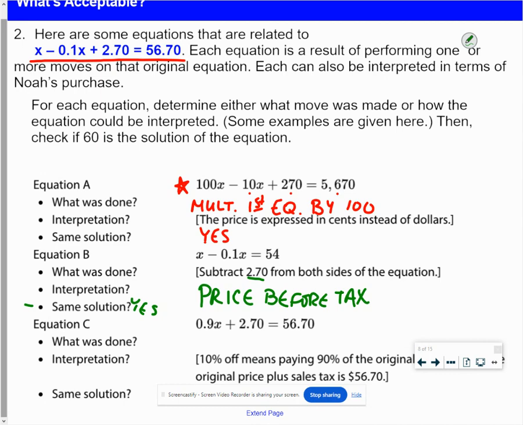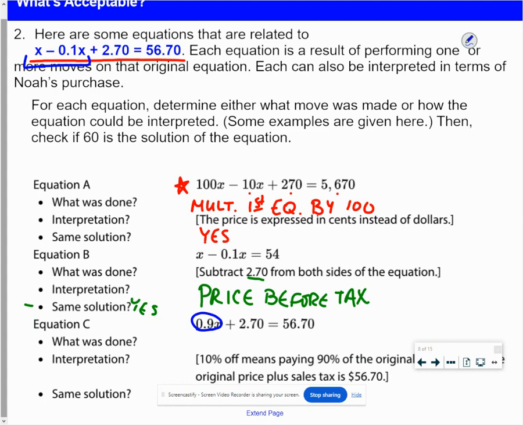Equation C, they've got 0.9x plus 270 equals 56.70. So they don't have two things with x's. What they did for this one is they combined these two x's. They said 1x minus 0.1x is going to be 0.9x, right there. So that's what this number came from. Everything else stayed the same.